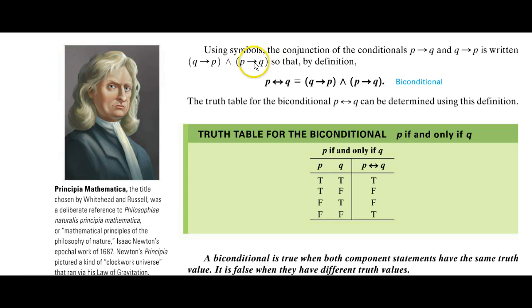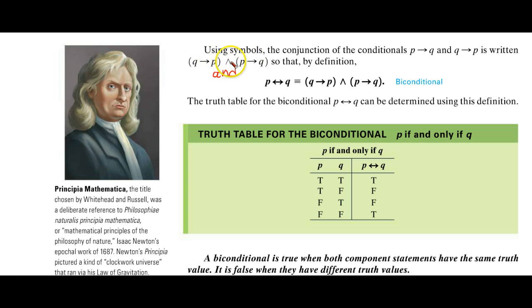Now, as we study the symbolism of the conjunction of the conditional, we have P yields Q and Q yields P. And if we were to write that, the caret indicates that it's an "and."